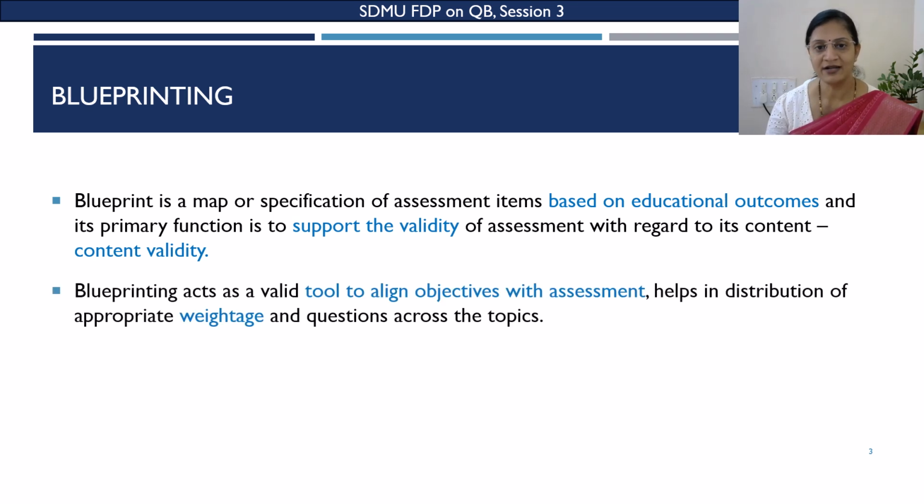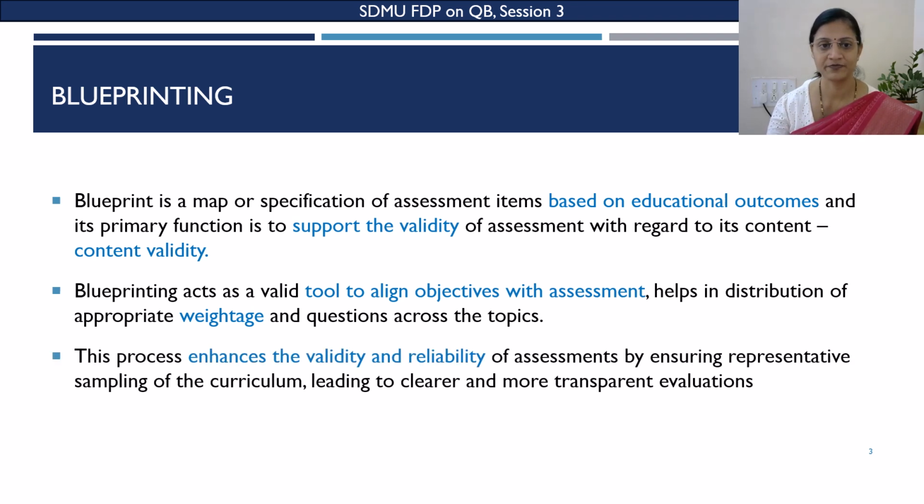It acts as a valid tool to align the objectives with the assessment, which helps in distributing the weightage across different topics in your subjects. This process will enhance the validity as well as reliability of assessment by ensuring representative sampling of the curricular content, leading to a clear and more transparent evaluation.